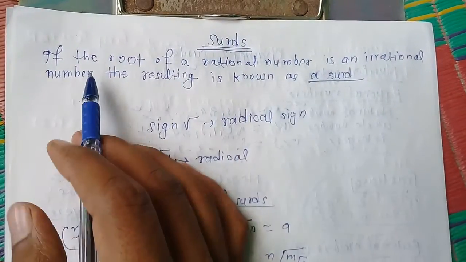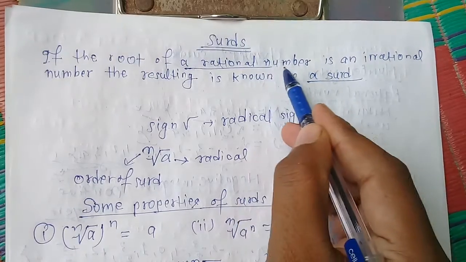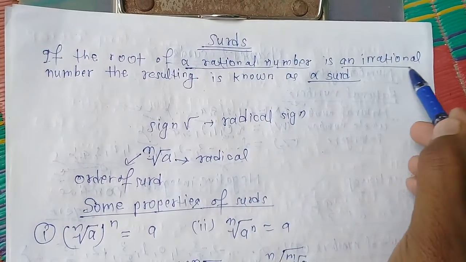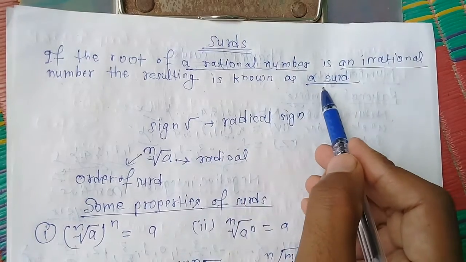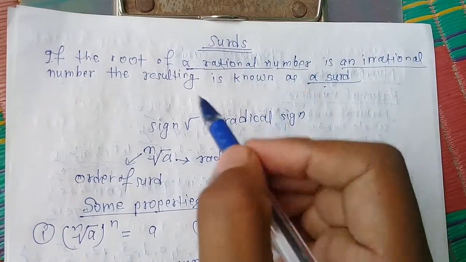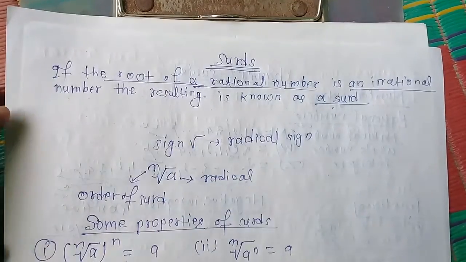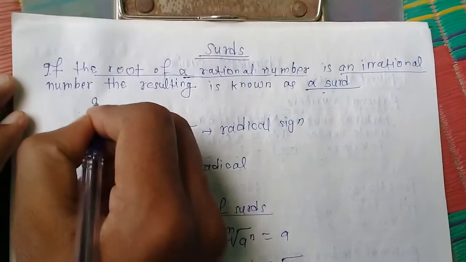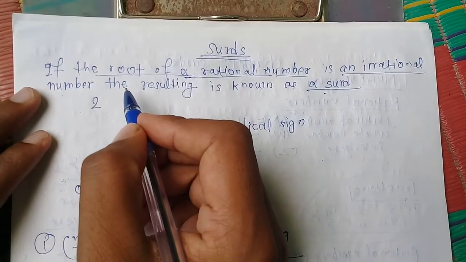Now let's discuss surds. If the root of a rational number, any rational number, is an irrational number, the result is known as a surd. What will be the root of a rational number? 2 is a rational number, and 2 can be represented in p by q form.